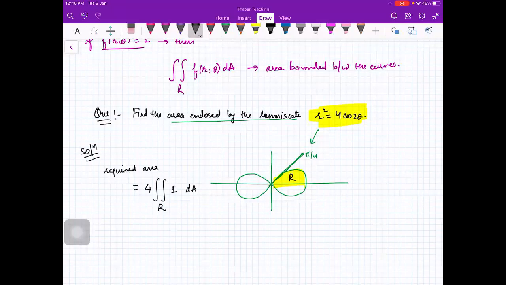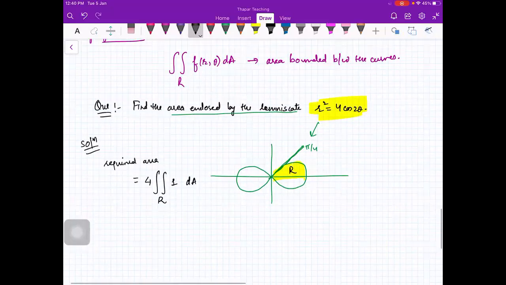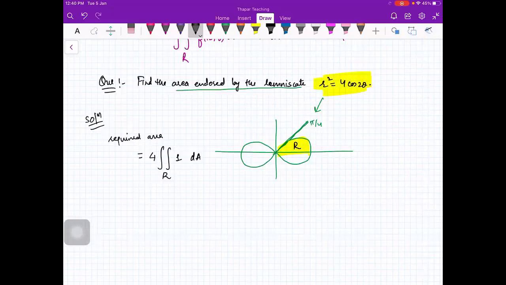Here you will take 1. Is that okay? Is that okay, beta? Am I audible? Yes, ma'am. Okay. Now you see, in place of dA, you will write r dr d theta, right? And if you draw a ray, what is the entry point and what is the exit point?